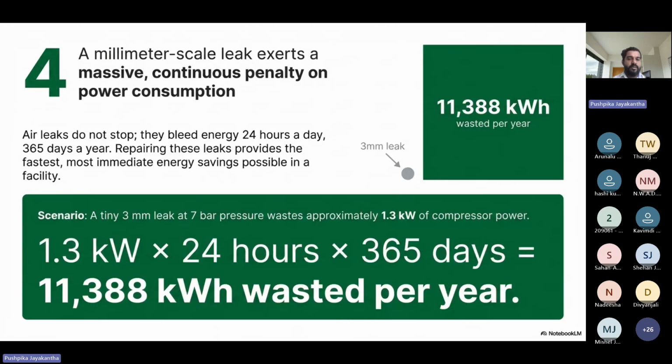Here is another case study for you. A tiny 3 millimeter hole leak at 7 bar pressure wastes approximately 1.7 kilowatt of compressed power. So then again, you can calculate the annual waste there.